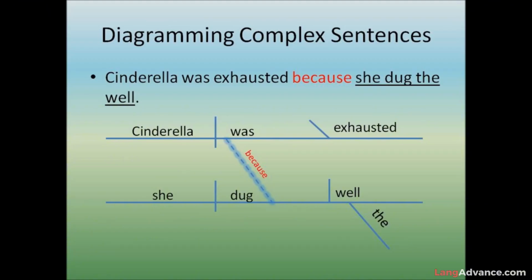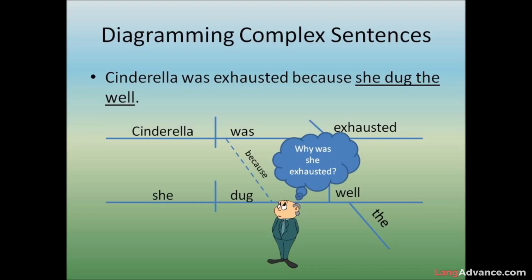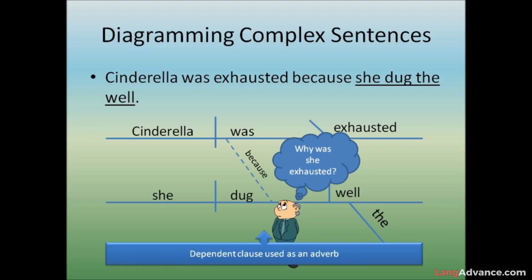So we diagram the first clause, Cinderella as the subject, was as the linking verb, exhausted as the predicate adjective. We connect because from verb to verb. She is the subject, dug is the verb, the well. We ask, why was she exhausted? The answer is because she dug the well.